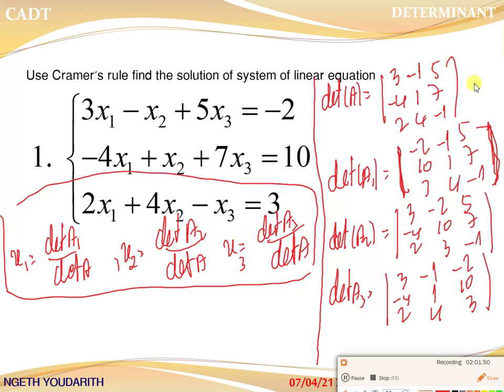Please find these determinants and substitute in this point. You will get the solution of this system of linear equations.